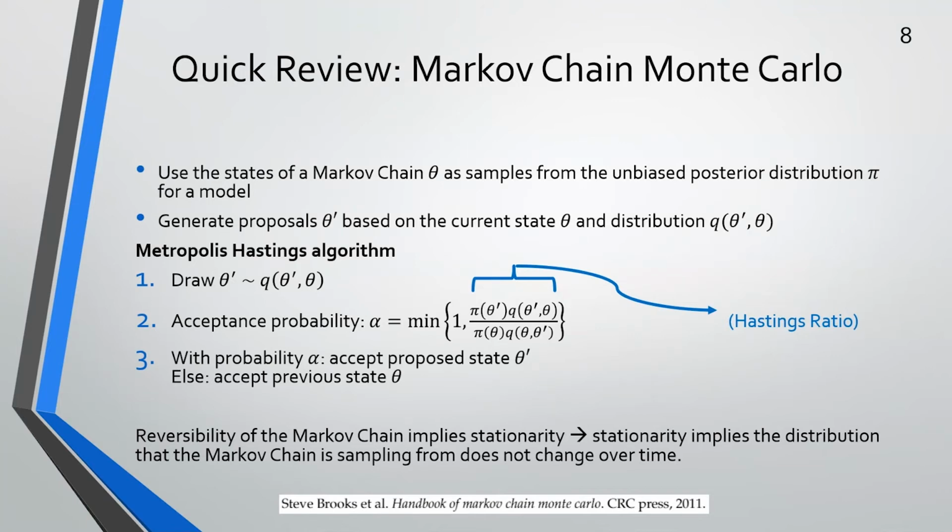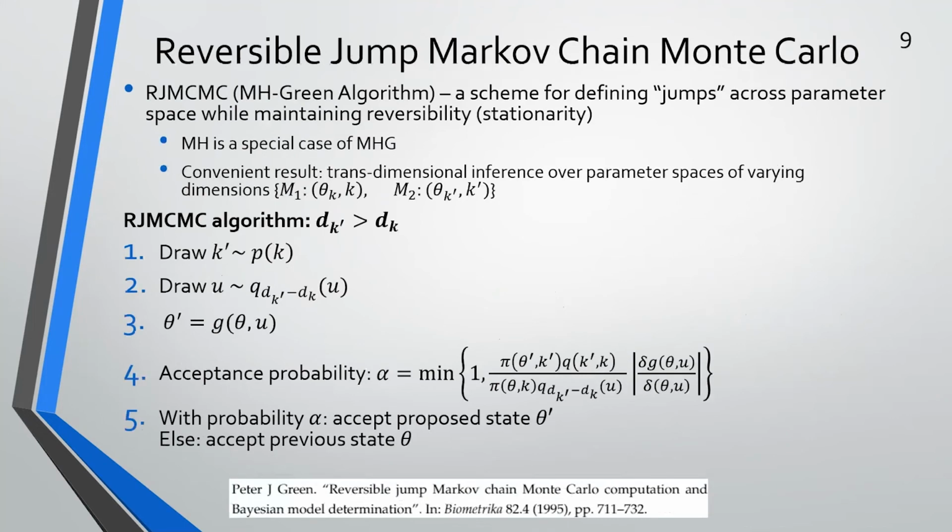So the mechanism is essentially to propose a new state and then either accept or reject it based on an appropriate acceptance probability. So if you are familiar with Metropolis Hastings, then it's a little bit easier to extend up to what we call the reversible jump Markov chain Monte Carlo algorithm. Metropolis Hastings is actually a special case of reversible jump, or the Metropolis Hastings Green algorithm.